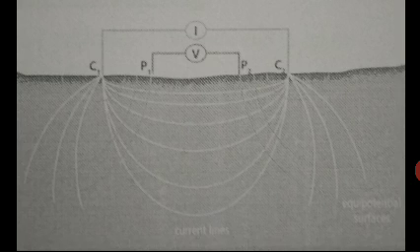As the current is introduced, it travels from one electrode, passes through the material, and leaves the ground at the other current electrode. In between, the current will meet resistance from the material and there will be a drop in its potential. This drop in potential is measured by the potential electrodes.